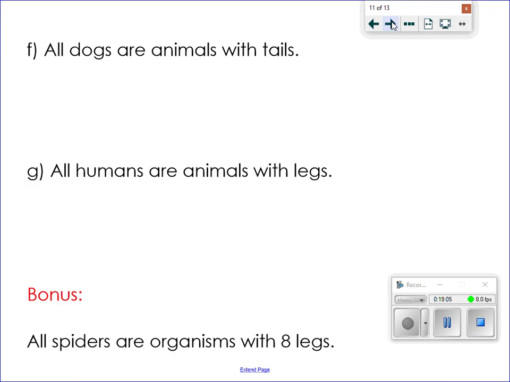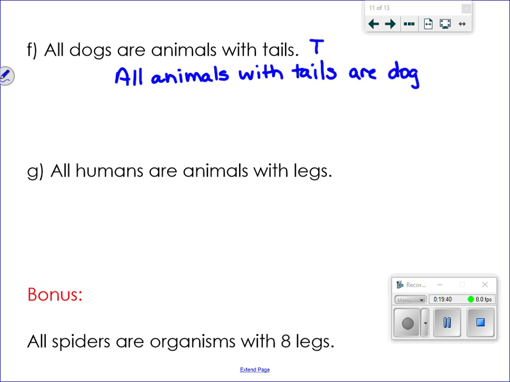All dogs are animals with tails. True statement. Or maybe not. Do all dogs have tails? I think so. Generally speaking, I think that's true. What about the reverse of that? All animals with tails are dogs.